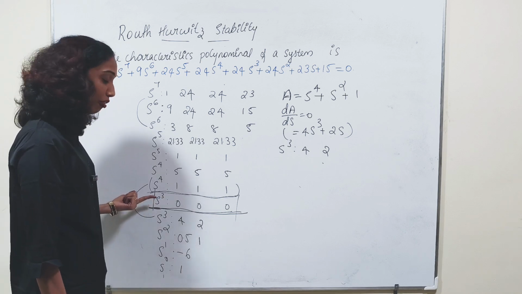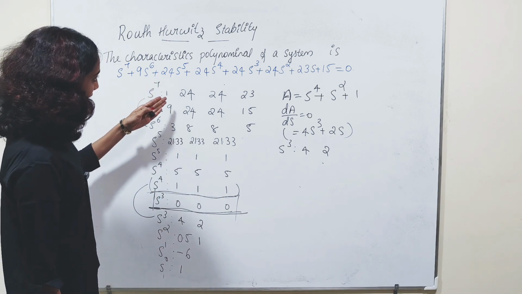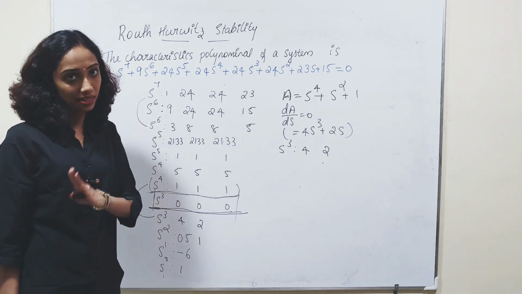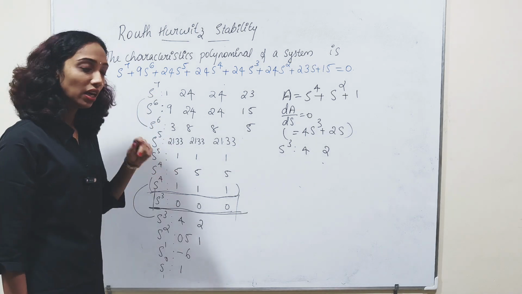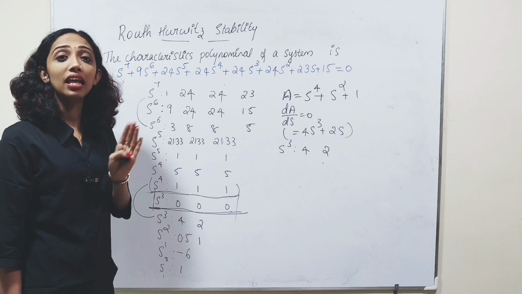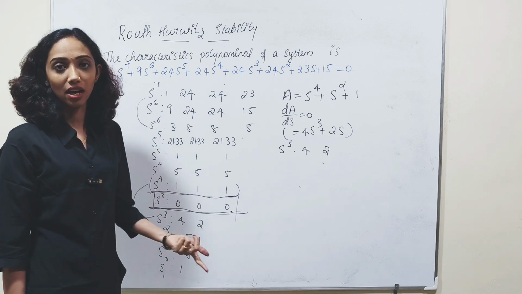So we can say this characteristics polynomial is an unstable system. Then how many of the roots are positive? All the positive roots are lying on the left half of the s plane, and the negative root is lying on the right half of the s plane.